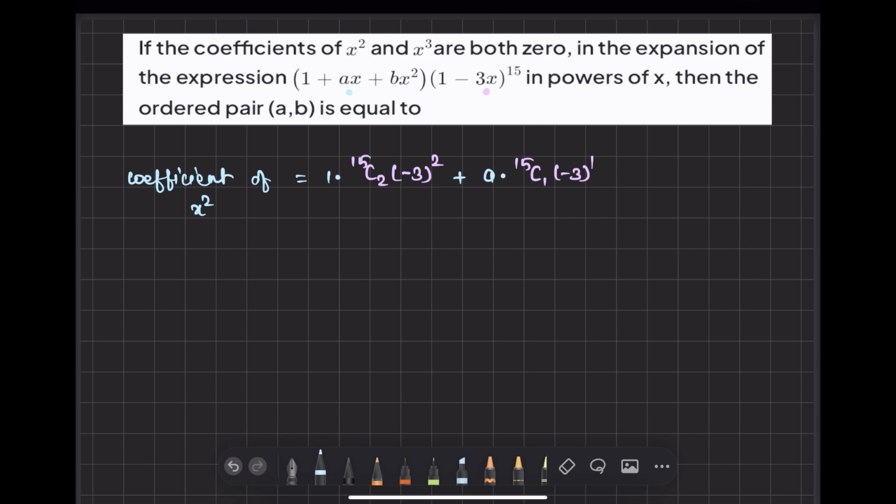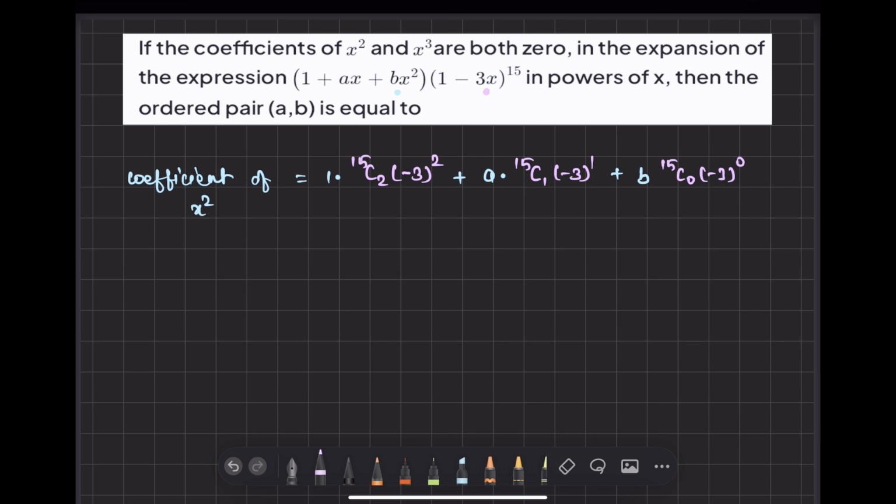Now look at this. I want this person to fight, so he will fight with whom? He will fight with the person who has x power 0. So it is 15c0 times minus 3 power 0.